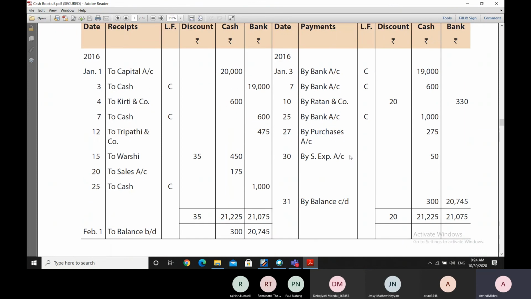And when we make a contra entry, what we mean to say is that the amount which we had taken out from the cash, we have deposited into the bank, and therefore this amount is shown as if it is deposited into the bank. Now this amount is 1,000 rupees, cash has been taken out.